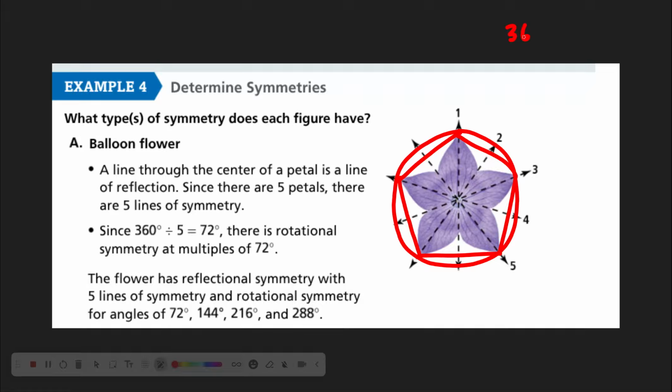So 360 divided by 5 is 72 degrees. So every time this point goes 72 degrees that way, the flower looks exactly like it used to. So our rotational symmetries are 72, 144, 216, and 288. Boom!